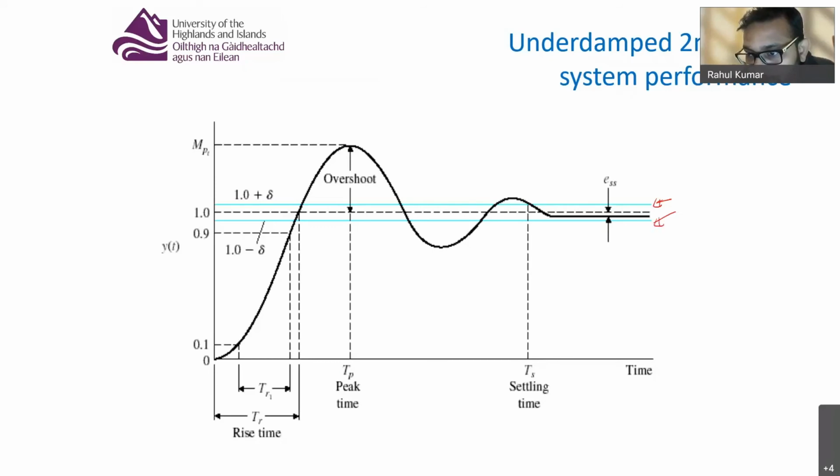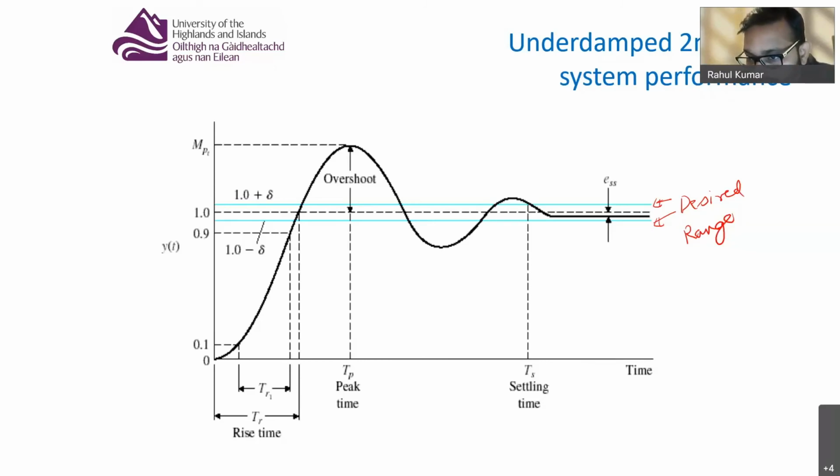So this is my desired range. Obviously, we cannot have an output which every time is the same. It can be around that value, but it is very difficult to tune our system and get the exact value every time. So that is why we choose a range of values.